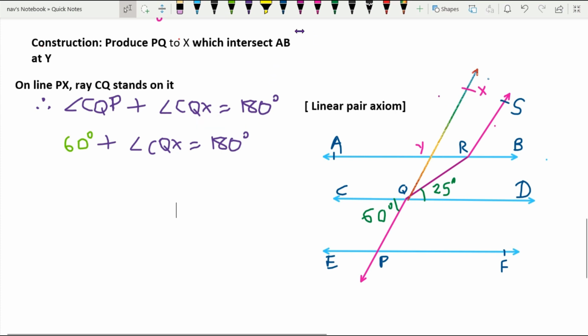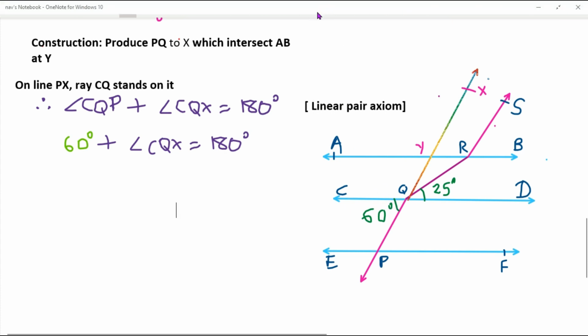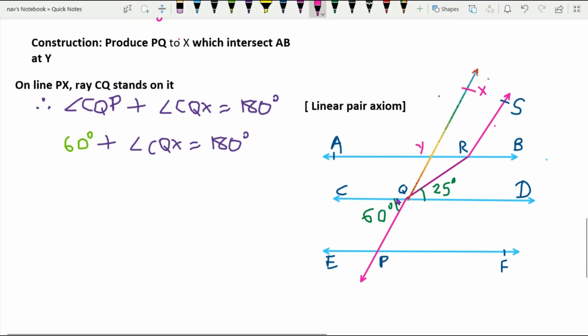So what's the next step? Angle CQP is given as 60 degrees. So in place of angle CQP, we will write 60 degrees so that we will get this angle CQX.